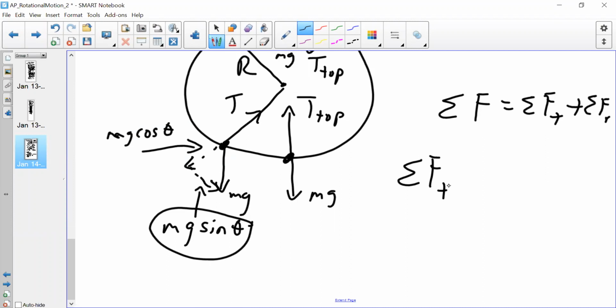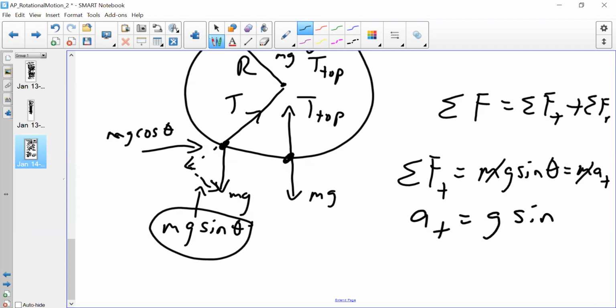So the tangential force, the only one here, is mg sine theta. And that is going to be equal to the net force, or mass times tangential acceleration. And so the tangential acceleration is just g sine theta.